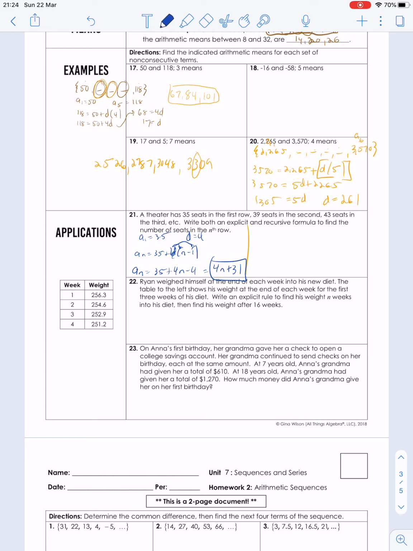There is going to be our explicit. And recursive is going to be A1 is 35. And then our A of n is going to be A of n minus 1 plus 4, where n is greater than or equal to 2.